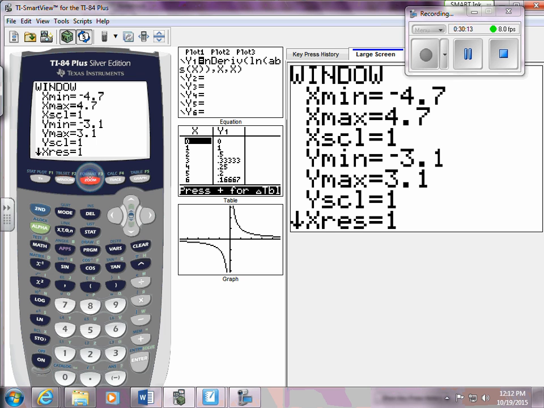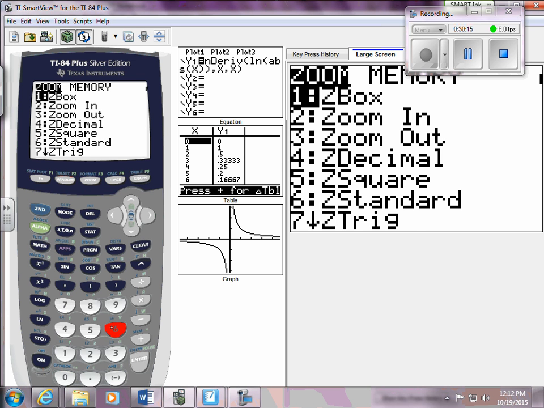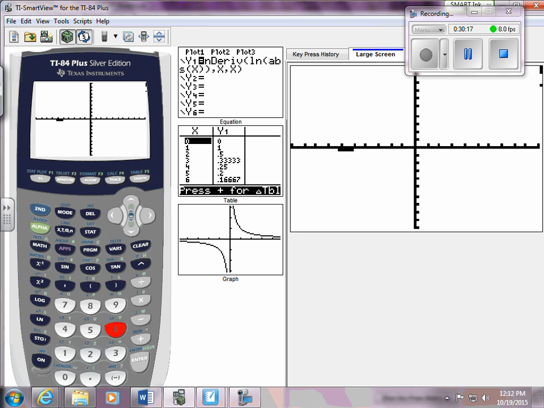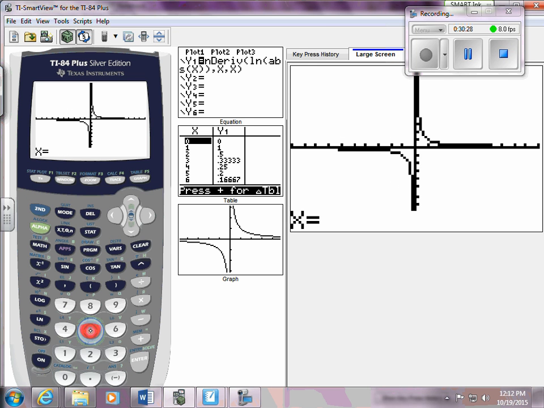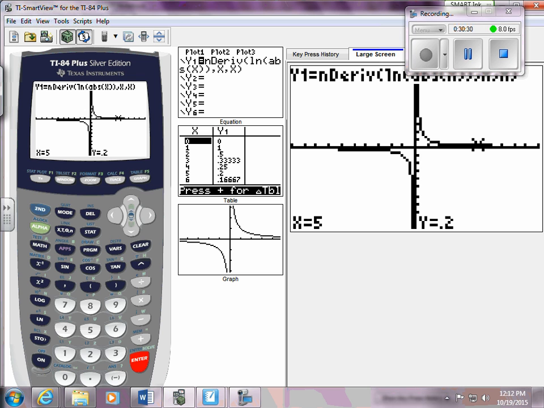Yeah, zoom 6 will go out to 10. It's so tiny, it's hard to see, but now you can do it. There's the point again. My graph before only went up to about 4.7, so I couldn't see 5 in my window.